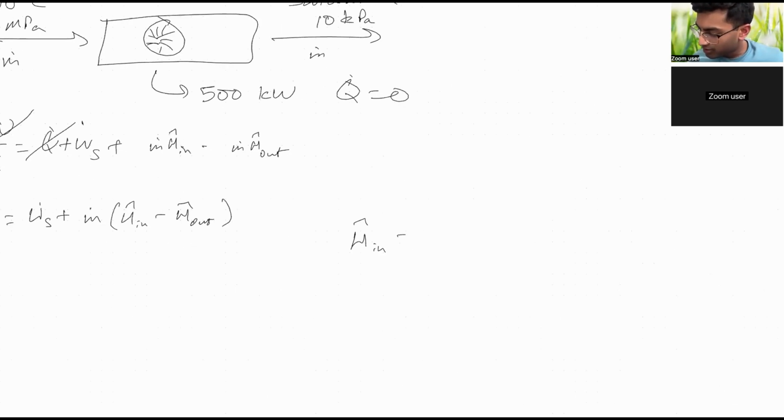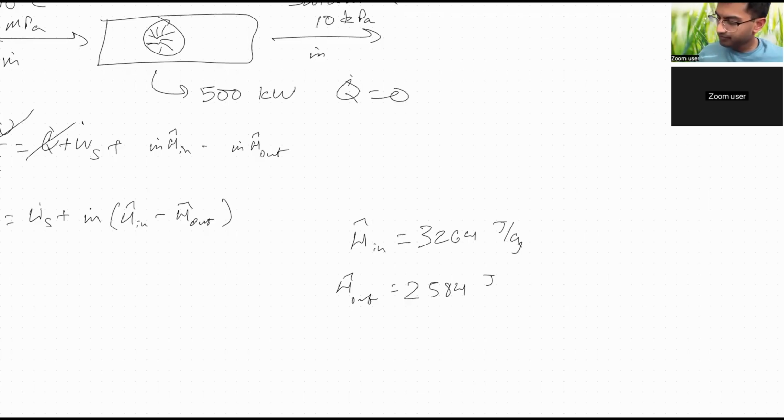So H in is equal to 3,264 joules per gram. And H out is equal to 2,584 joules per gram.